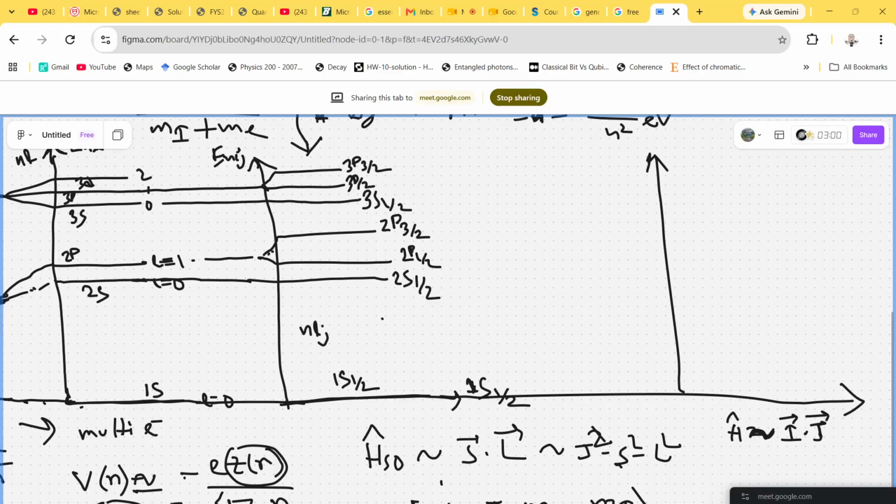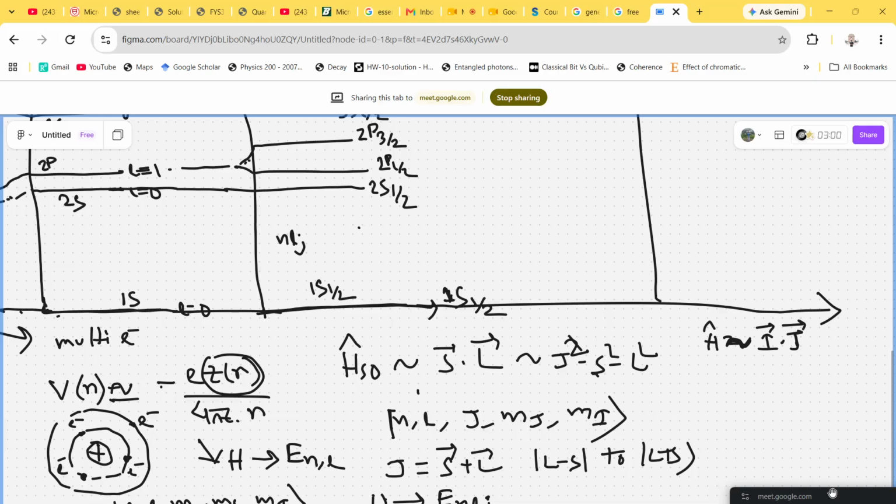You have already J, because L and S are not different, you have already accumulated them as J equals to L plus S. So instead of L you have J, the total angular momentum, because in the spin orbit approximation you already assumed that spin and orbital are coupled, and that's why you defined the new term J. Now in the next approximation, nucleus spin and orbital, the coupling term will be given by I dot J, where I stands for nucleus spin and J is the total angular momentum.